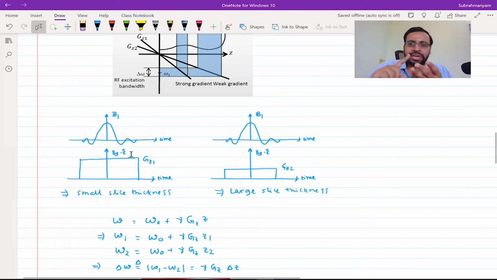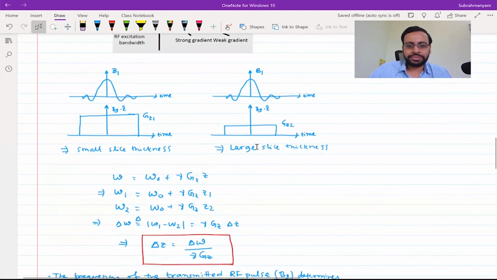There are three fields: the B naught field is constant, the B1 field is used to tip, and the other field you apply is this gradient field. If you want a small thickness, you use a relatively high value of gz. If you want a larger slice thickness, you make the gradient value small. Are these graphs clear?